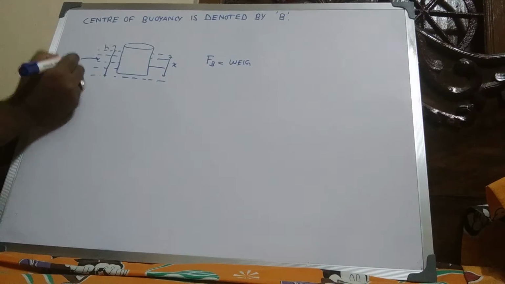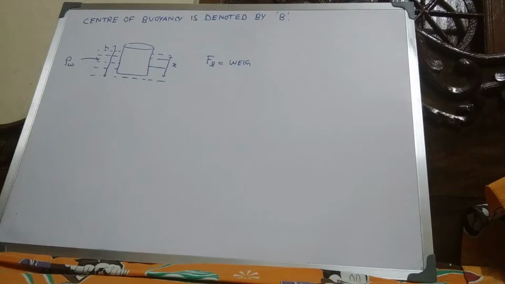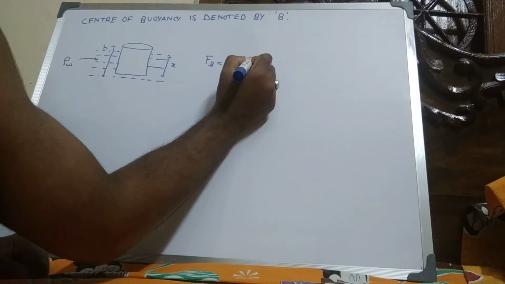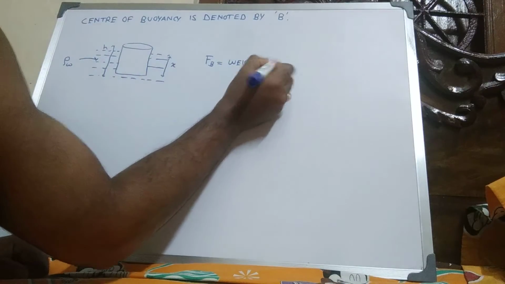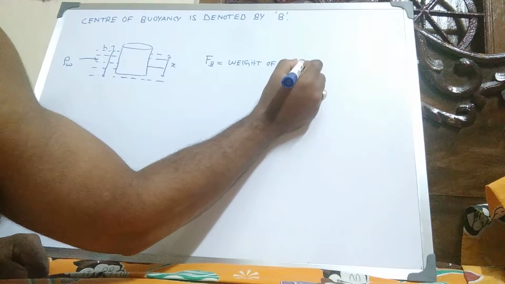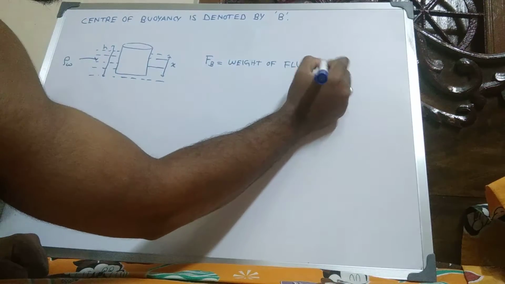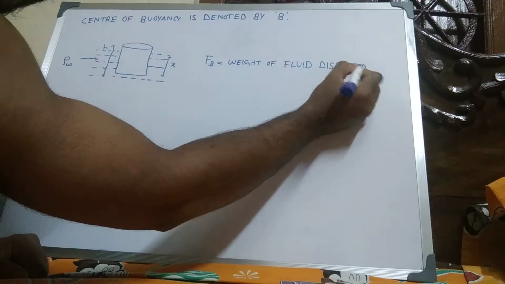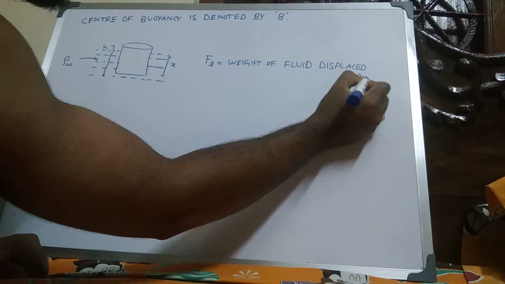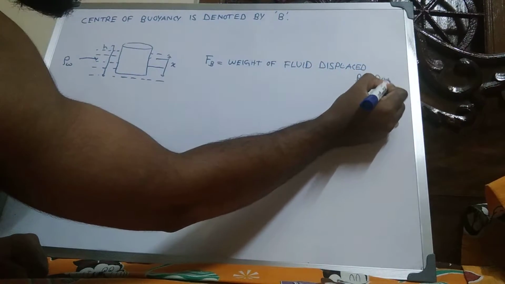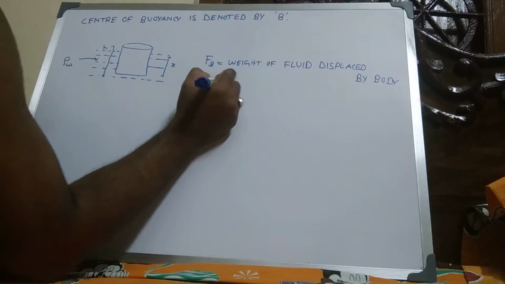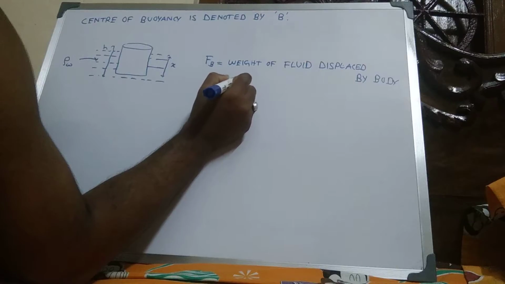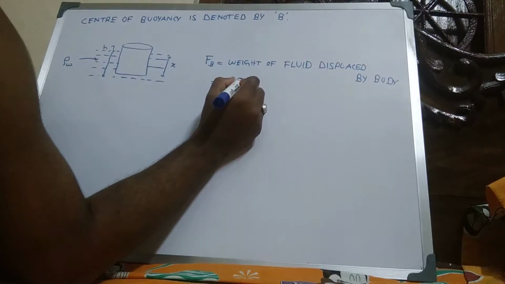Suppose this is water, with density rho w. Weight equals rho g into volume.